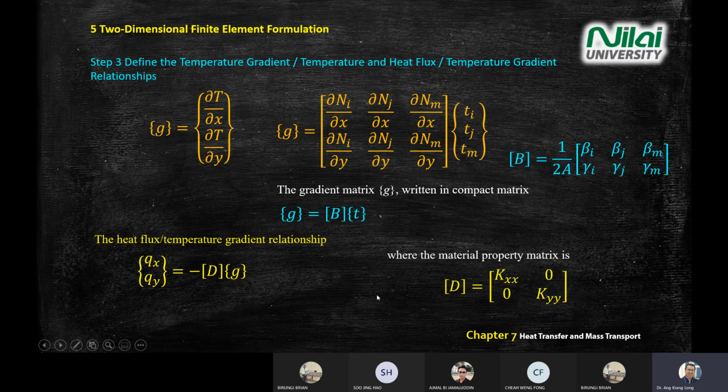So just giving you some hints there. And since we're dealing with two-dimensional now, your D will equal kxx and kyy. We are now dealing with two-dimensional analysis, so that's why you're seeing kxx and kyy.